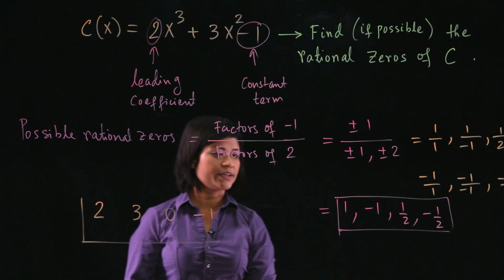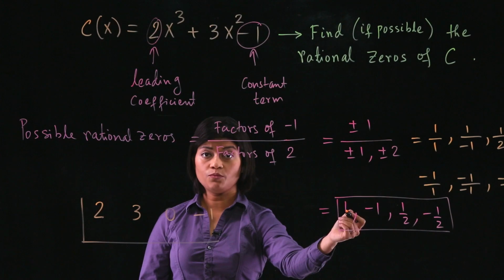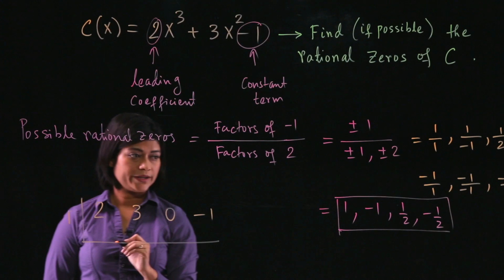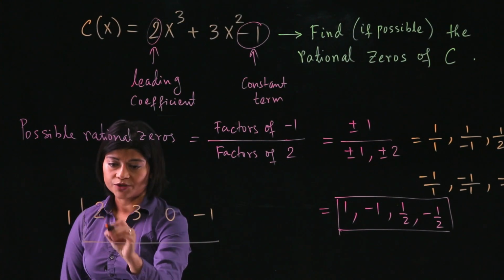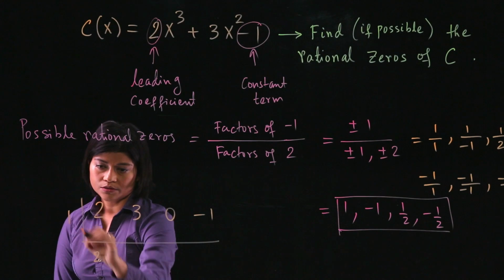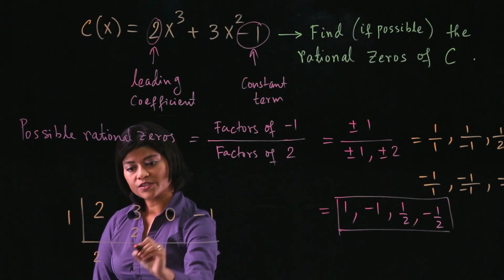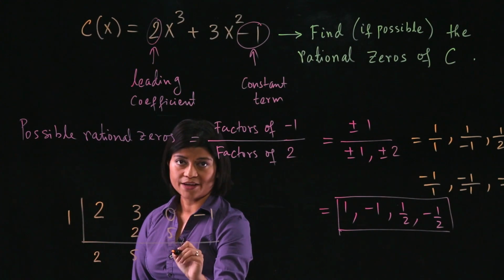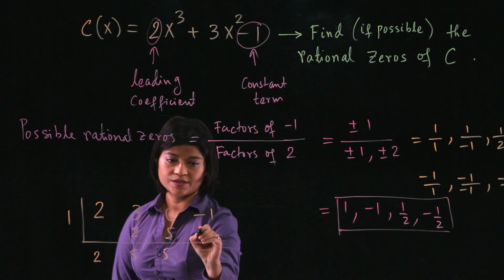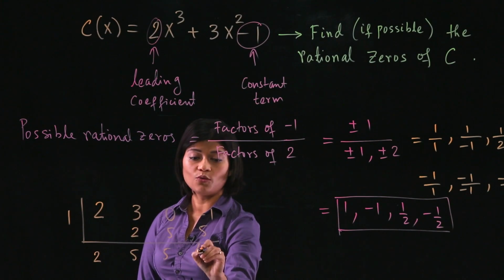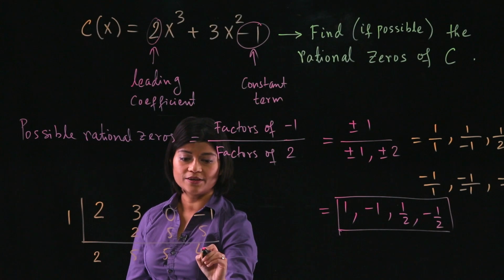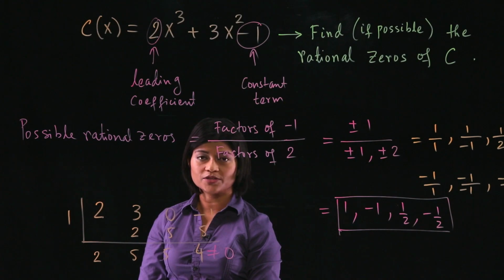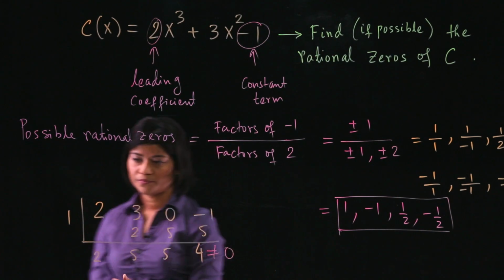Let's check if 1 is a 0 or not. Bring down 2. 2 times 1 is 2. 2 plus 3 is 5. 5 times 1 is 5. Add 5 and 0, you get 5. 5 times 1 is 5. 5 minus 1 is 4. You don't get a remainder of 0, and therefore 1 is not a 0 of this function.